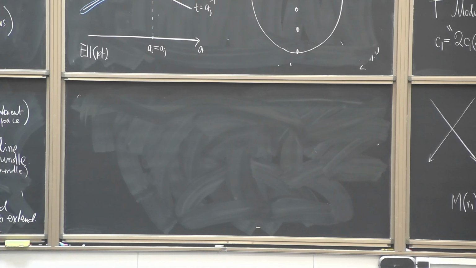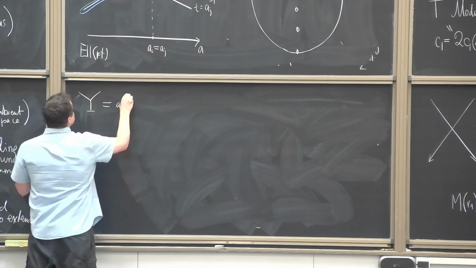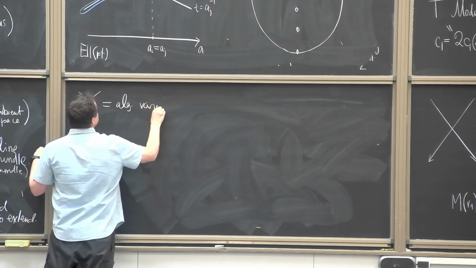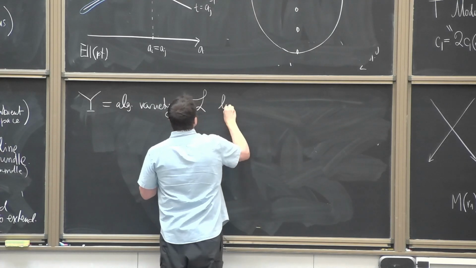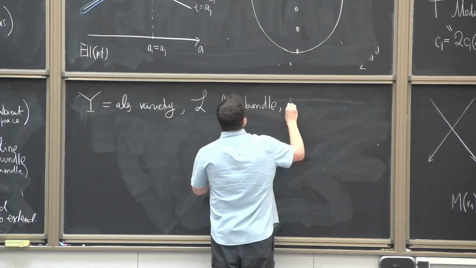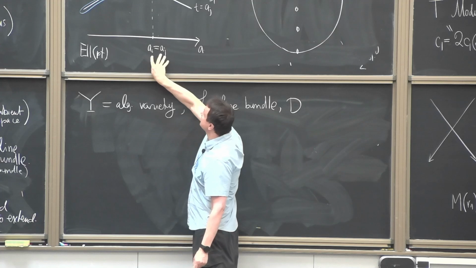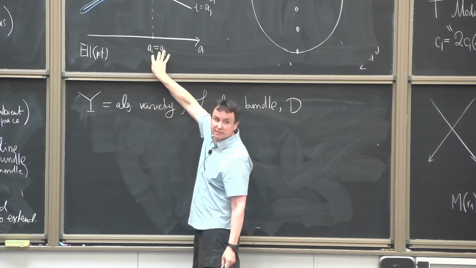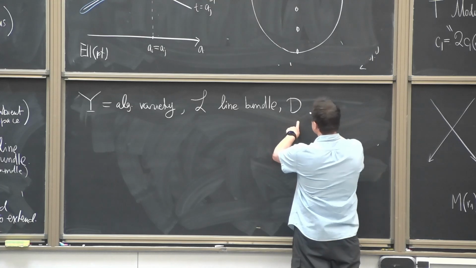Let's call it Y. So Y is an algebraic variety, and L a line bundle. These things intersect in codimension 1, so this is a codimension 1 condition. So this is D, a divisor.